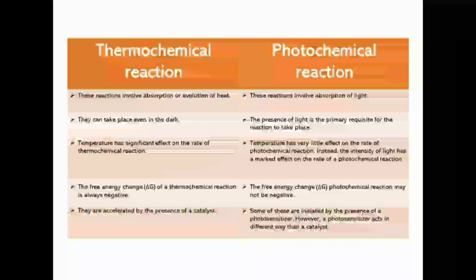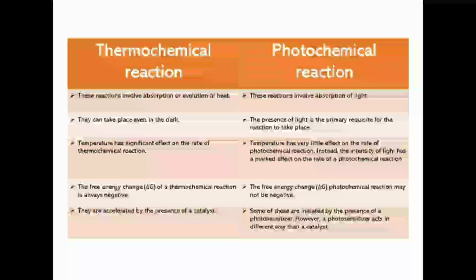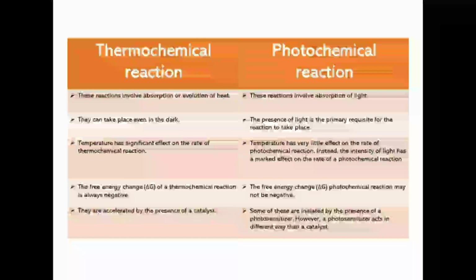But in a photochemical reaction, the reaction is initiated by the presence of a photosensitizer. First, the photosensitizer itself acts as a different catalyst. For an example of a photosensitizer, in the next video I will give some details about photochemical sensitizers or photosensitizers.